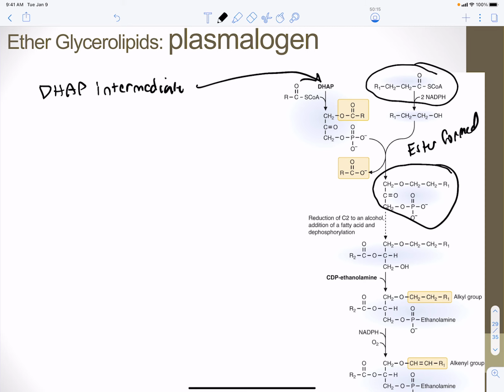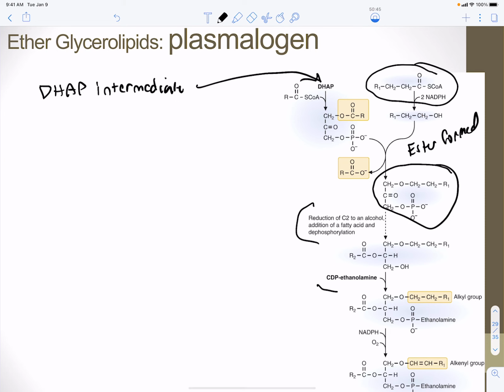Okay, and then you get the fatty acyl exchange for an alcohol, and then your ether linkage gets formed. So you get a reduction here to an alcohol, and then your ether linkage. Then you have the keto group of carbon 2 of the DHAP reduced, and then you get it esterified to a fatty acid with addition of the head groups.